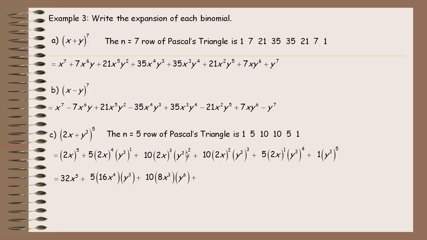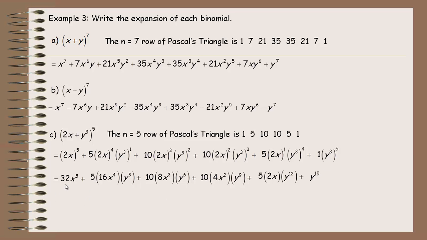Well, remember, power for power, you multiply the exponent. So 3 times 2 gives you y to the 6. Again, now we have 10. 2 squared is 4, and x squared is x squared. Y cubed times the 3's gives you 9. 5 and then 2x, and y cubed to the 4th, multiply the 3 and the 4 to get 12. And then we have y to the 15th in the end. 3 times 5 is 15.